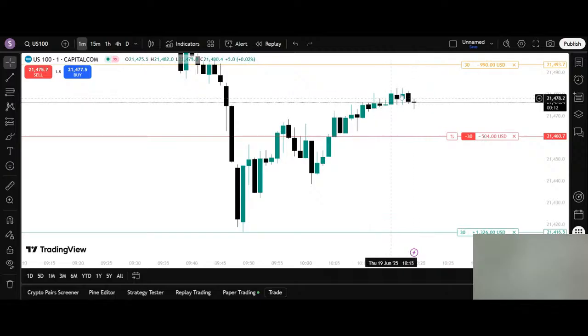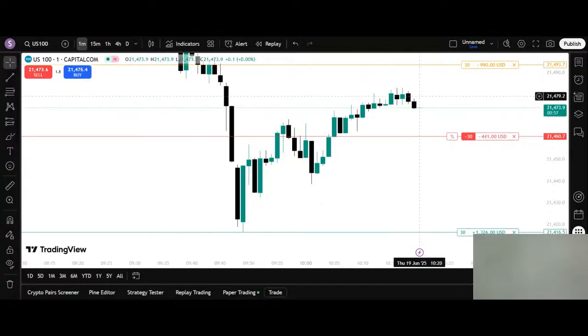I don't really like the price action over here. I want it to crash down with momentum. More momentum, I would say.